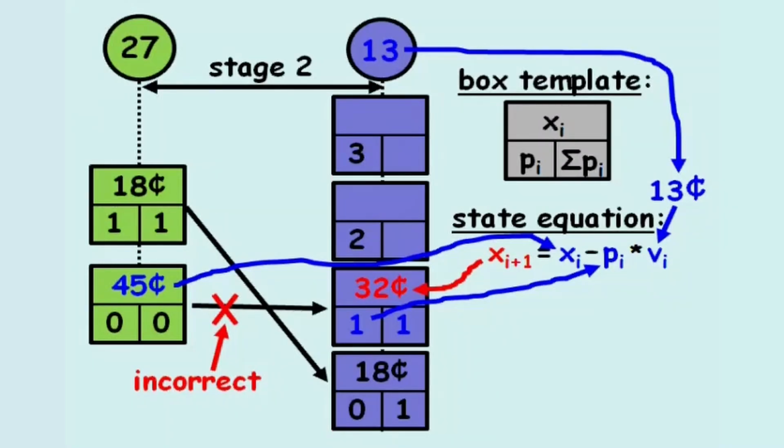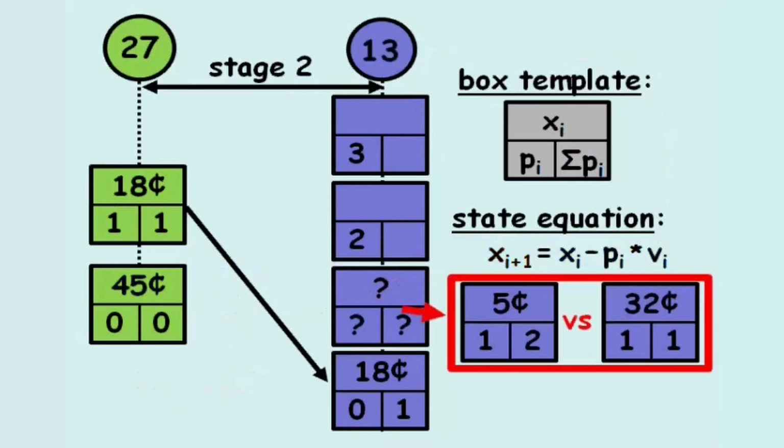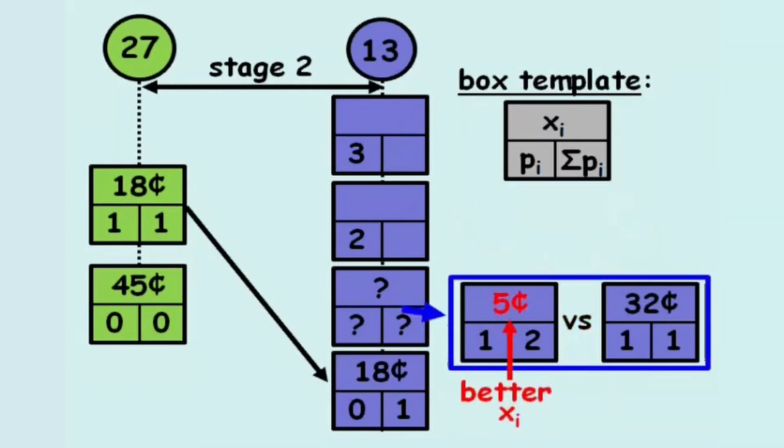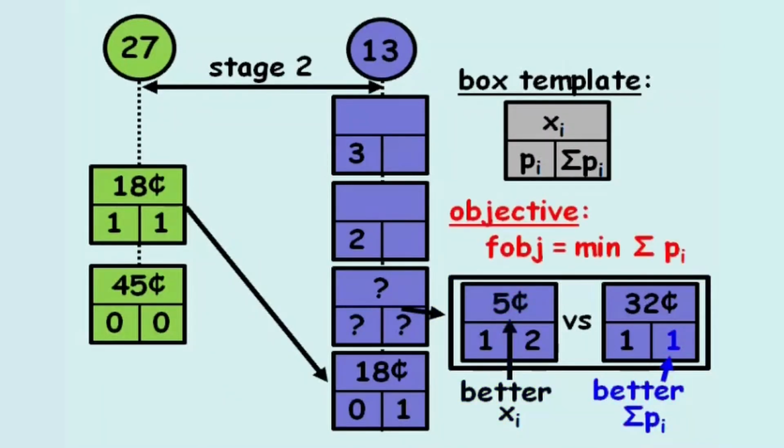If we compare these two states, we notice the left box has a better state variable of only 5 cents left to be made, but the right box has fewer total coins, 1, and our objective function is to minimize the total number of coins. This analysis doesn't help us determine if the 27-cent coin should be in the change or not.